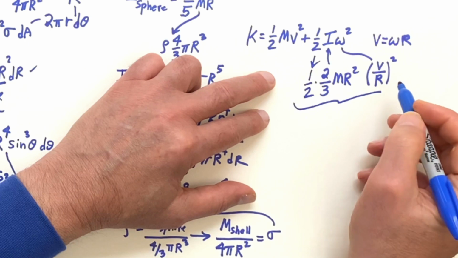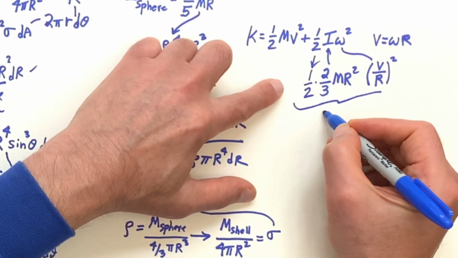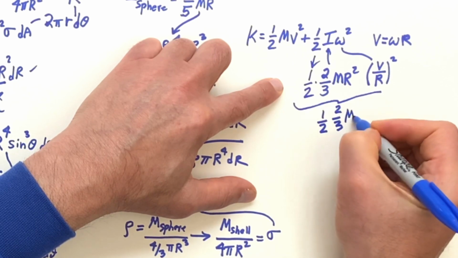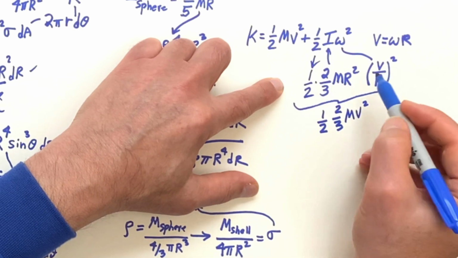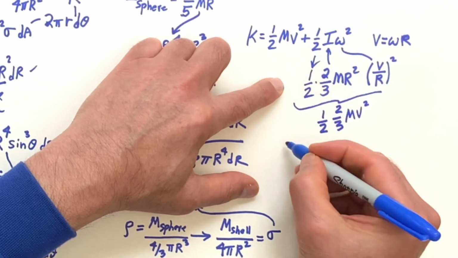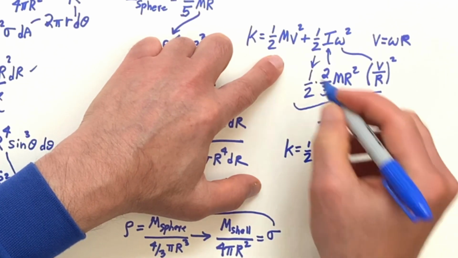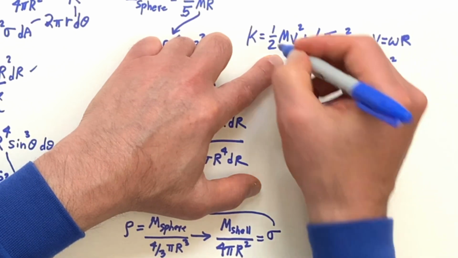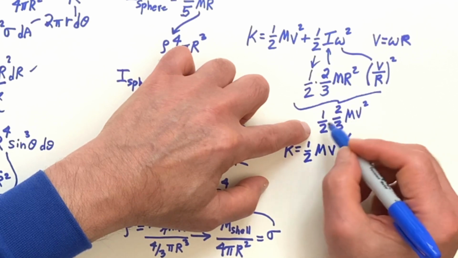So when you work on this, I'm going to leave the 1/2 there since I have a 1/2 up there. 1/2 times 2/3, this is going to be mv squared, since the r squareds cancel. And really I'm adding here, I have a 1/2 and I have an m, but I have a v squared, one of those up here, and then I'm going to add a 2/3 times 1/2 mv squared.